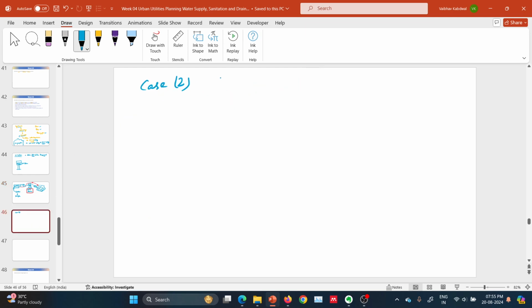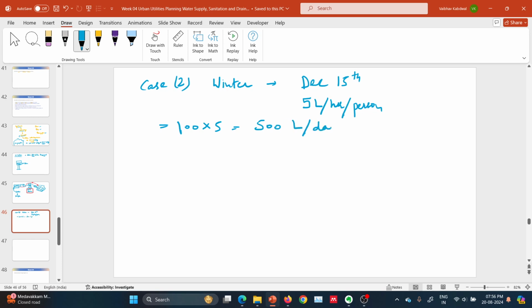And in case 2, during winter, let's take the example of December 15th. We only need 5 liter per hour per person, and we have 100 people. 100 into 5, the requirement is 500 liter per day. So in that case, we are treating extra water.